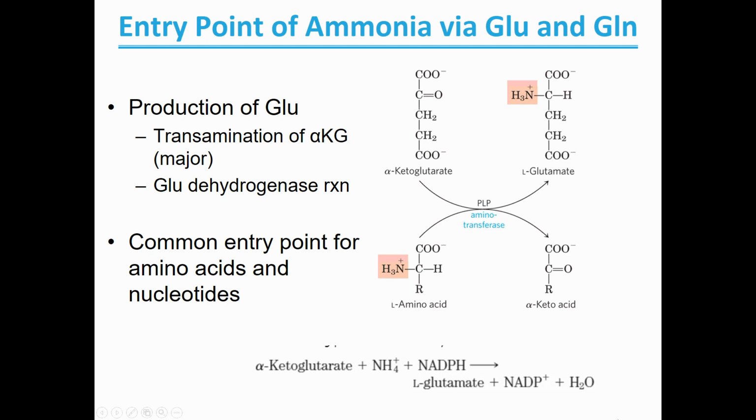So in this particular example, this is a transfer of the amine group from some amino acid to alpha-ketoglutarate, shown here. When we do this transfer, the alpha-ketoglutarate will receive the amine group becoming glutamate, and the particular amino acid in which the donation was made from will become its corresponding alpha-keto acid. So make sure you can recall this type of reaction.